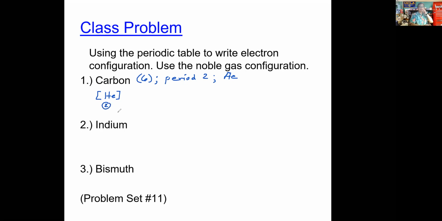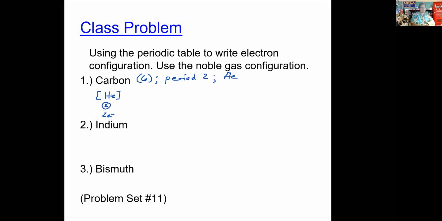Make sure you understand that this also represents the atomic number for helium, which also represents the 2 electrons that helium has. What we're saying here is that 2 of the 6 electrons that carbon has share the exact same electron configuration, the same location, as the 2 electrons from helium.